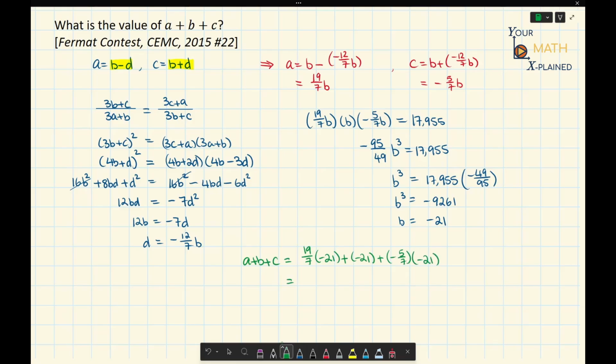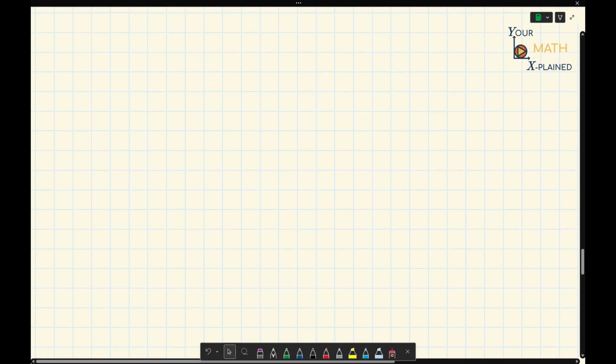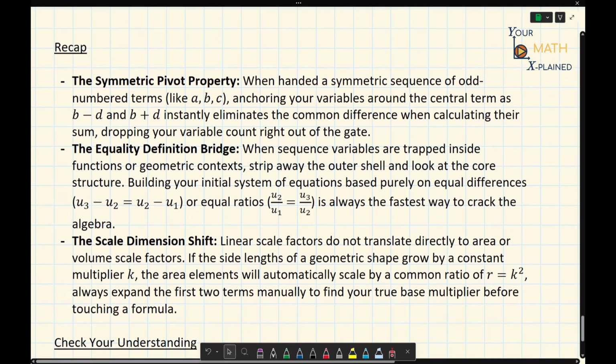And this is equal to negative 21 times 21 over 7, which means our final answer here is going to be negative 63.